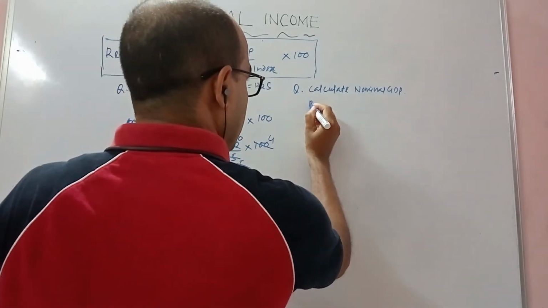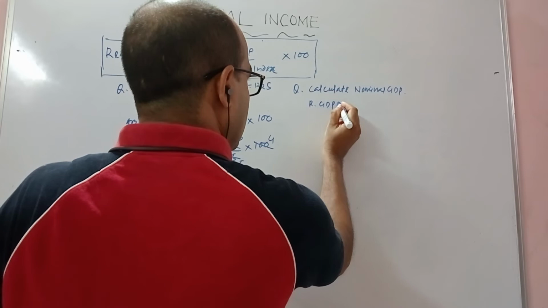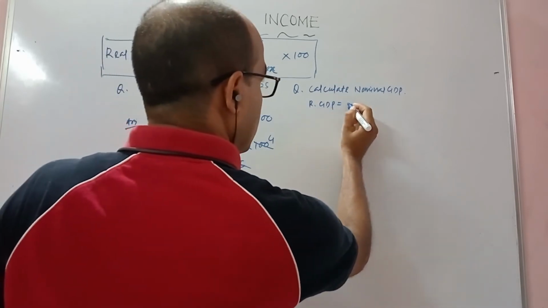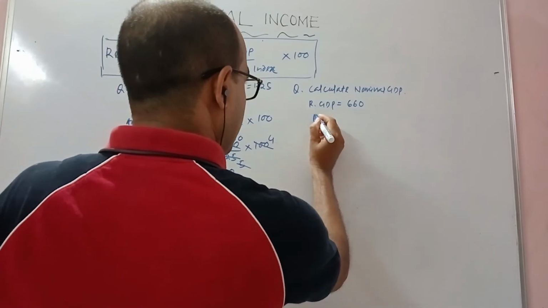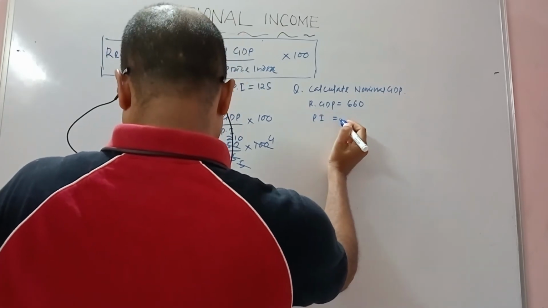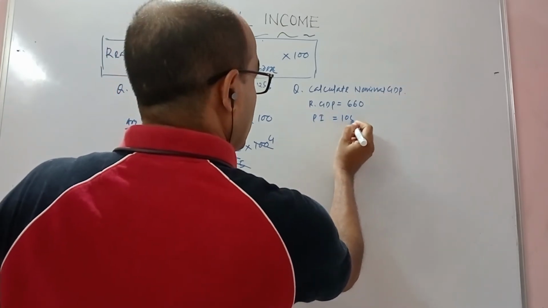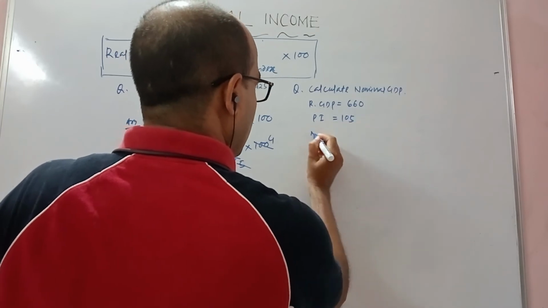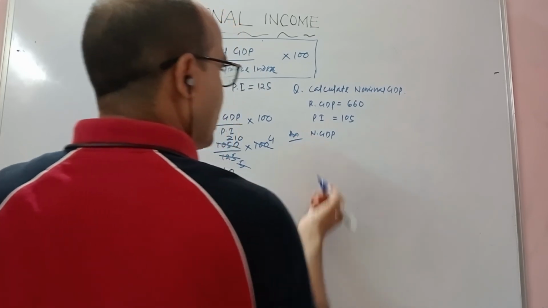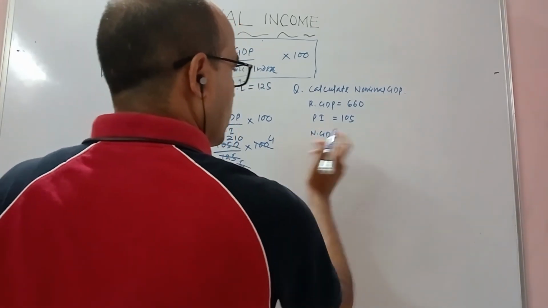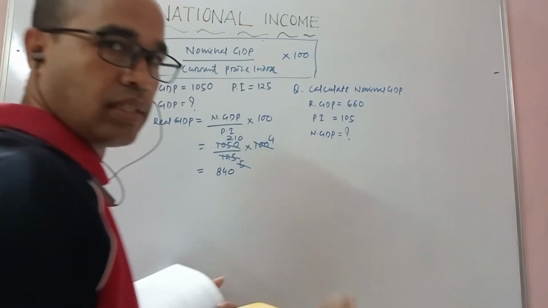Now in this question, a real GDP is mentioned: 660. After that, a price index is mentioned: 105. You calculate the nominal GDP. This is the question. So what you do?